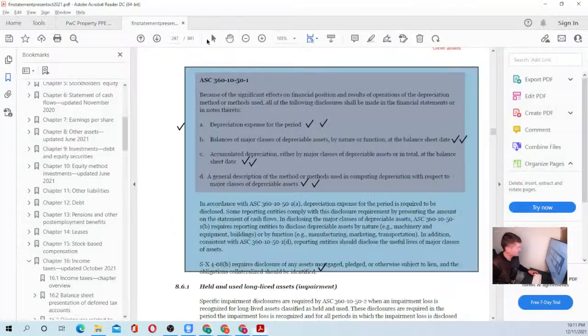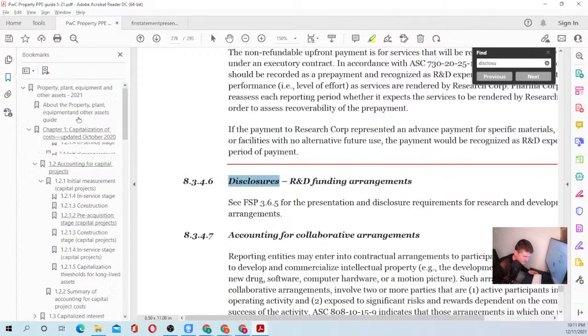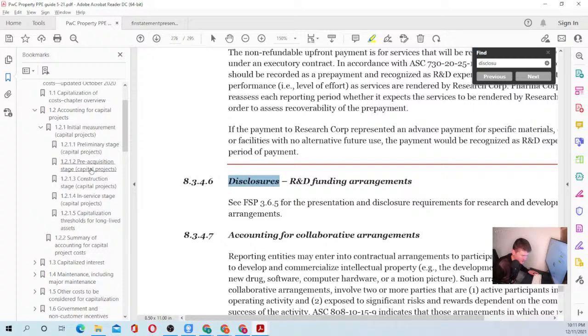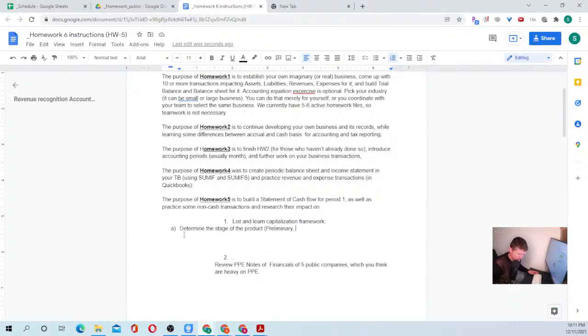Let me open the standard here. Preliminary, pre-acquisition, construction, in service. Preliminary, construction, in service.